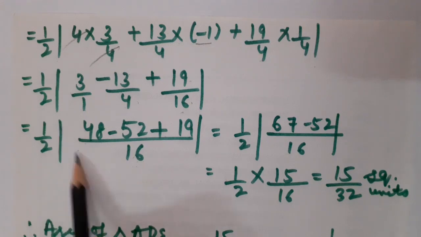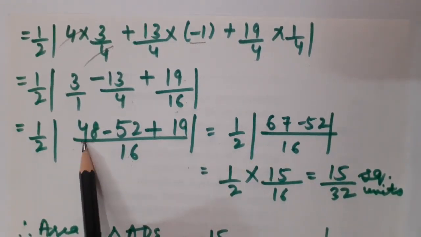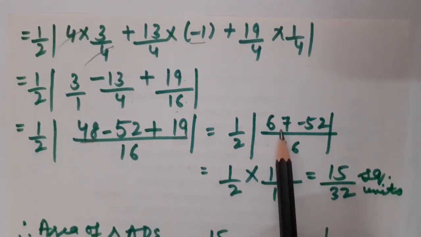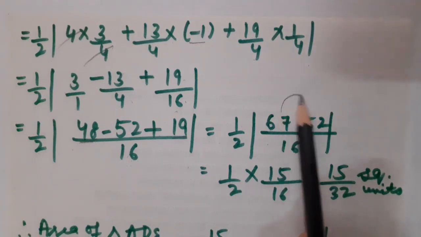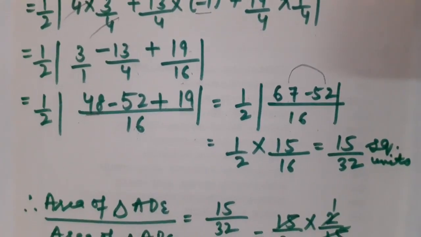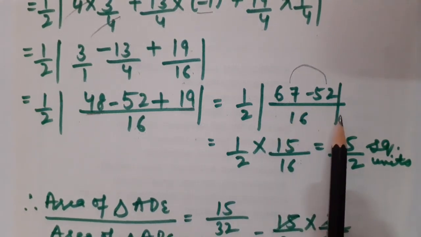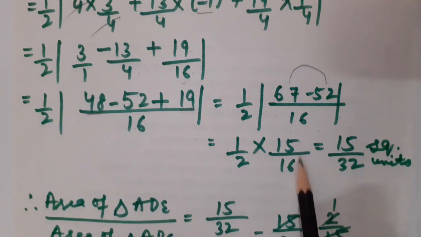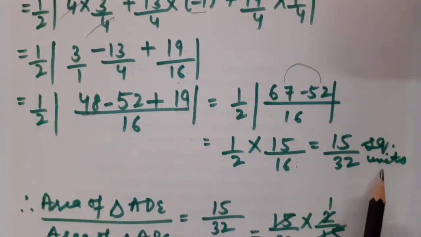This is half outside along with modulus sign, equal to half into 48 plus 19 will be giving you 67 minus 52 divided by 16. After subtracting, I have got half into 15 by 16. This is again the positive value. So definitely while removing this modulus sign, I will be getting 15 upon 16. So this is 15 upon 32 square units.